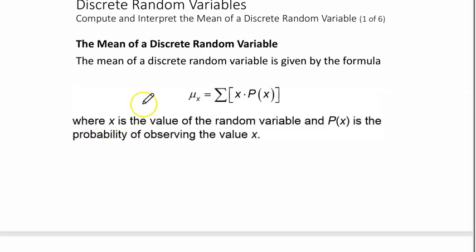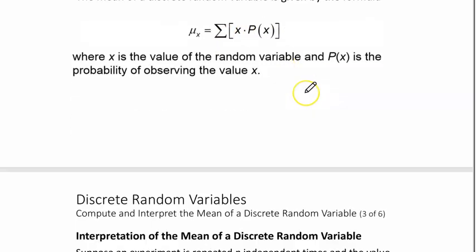If we want to find the mean of a discrete random variable, we're going to have this table of x values and probabilities. The mean we can find by taking each x value, multiplying it by its probability, and then adding all those numbers together.